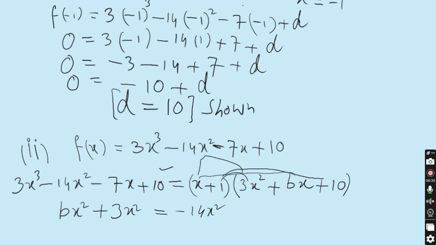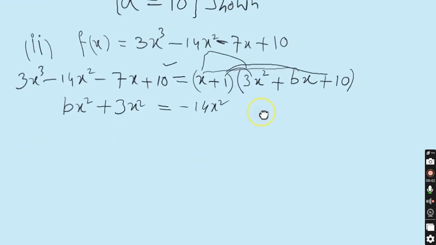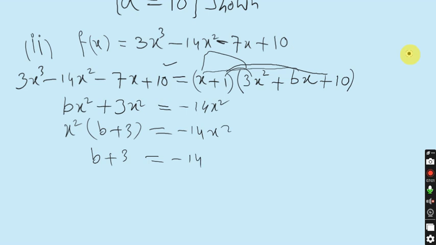There is the chapter of your add math book, factor and remainder theorem. You can see many questions over there, but at this stage we are doing it directly. Take x square common, so b plus 3 is equal to minus 14. Now compare the x square coefficient on both sides. We get b plus 3 is equal to minus 14, and b is equal to minus 14 minus 3, which is minus 17.